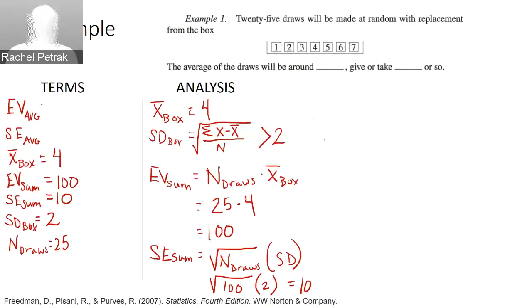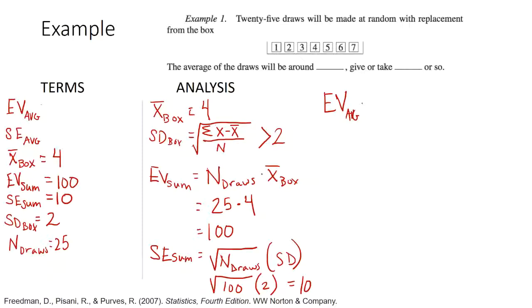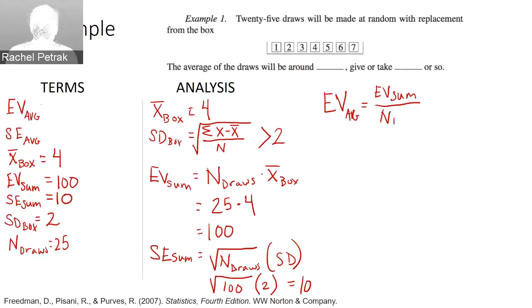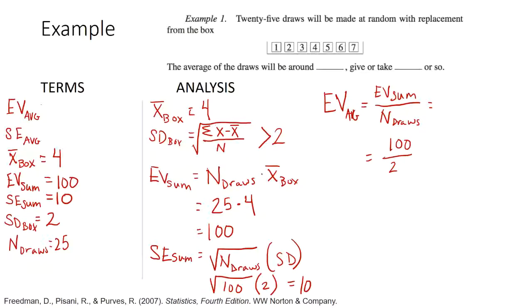The average of our 25 draws is simply the expected value of our sum, 100, divided by the number of draws, 25.